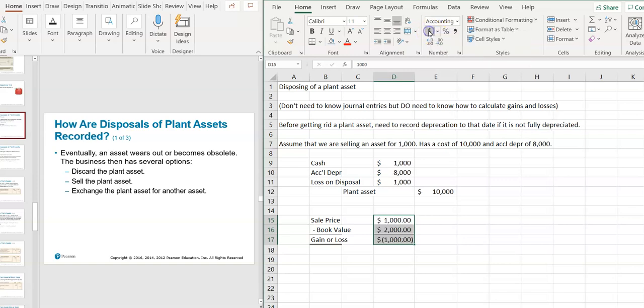Okay, and then remember, by now you should know what book value is. All right, book value, this is cost minus accumulated depreciation. So for us, it was 10,000 minus 8,000.